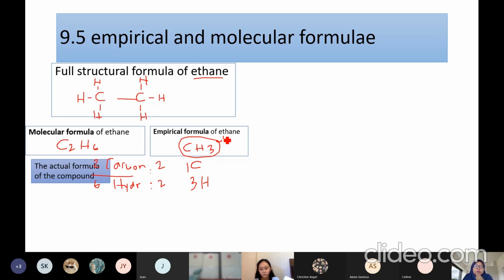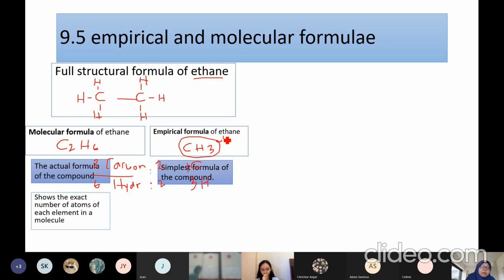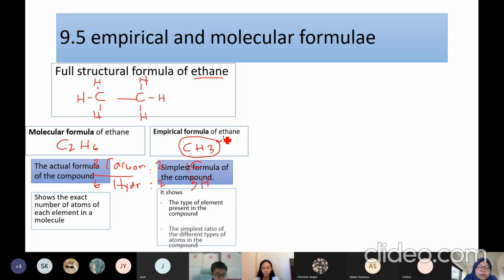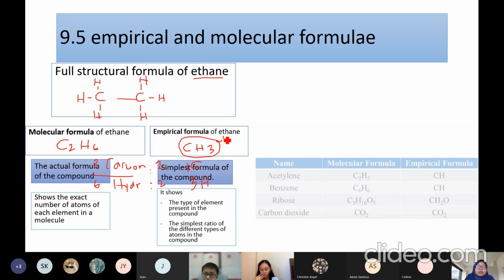We can call the molecular formula the actual formula, the exact number of atoms of each element in a molecule or compound. But the empirical formula shows the simplest ratio of different types of atoms in the compound.